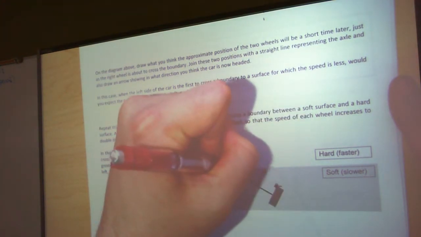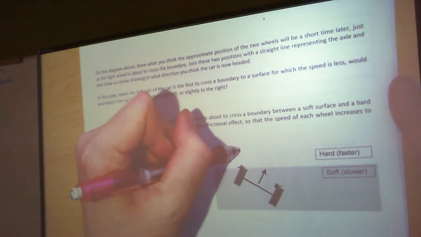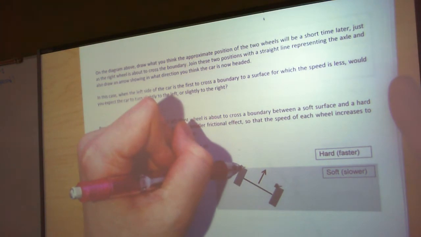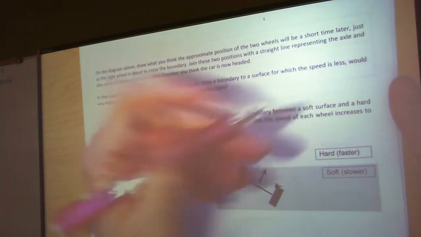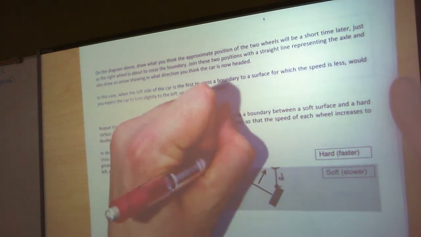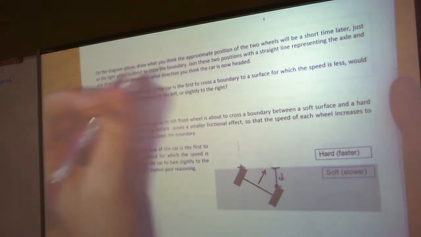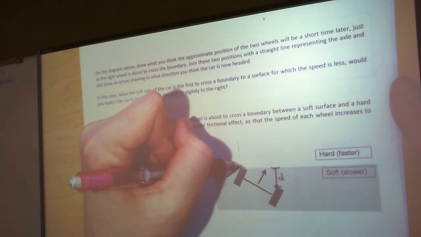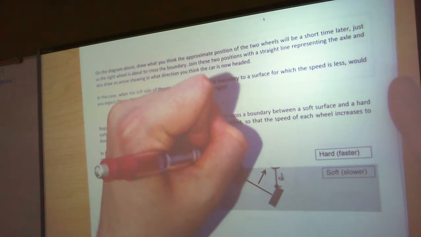After it reaches the hard surface, will it be going slower or faster? Faster. So in the distance that this travels, will this be a greater or smaller distance for this other tire? It'll be going faster, so it'll be going a greater distance.